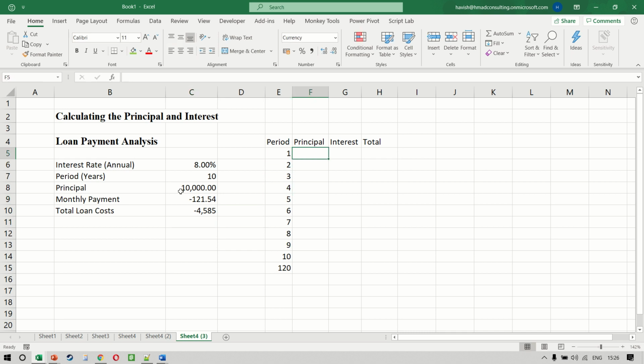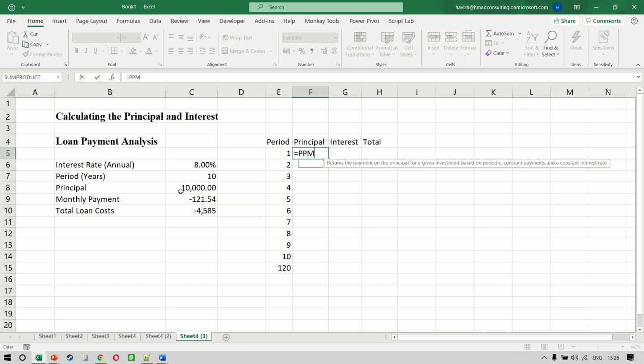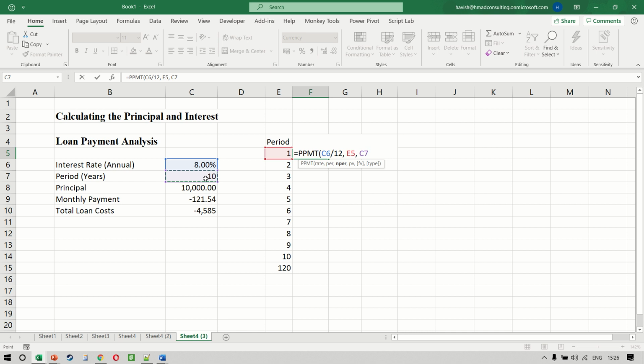To calculate the principal amount, we write PPMT. The rate would be 8% by 12. The PER would be number one, which is the first period. NPER would be 10 into 12, so 120 months. And the present value would be 10,000.